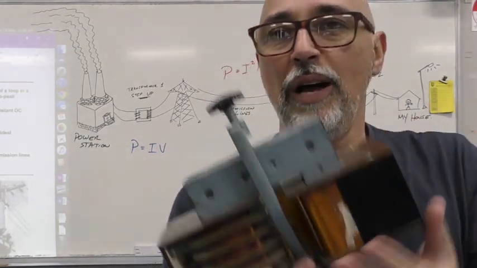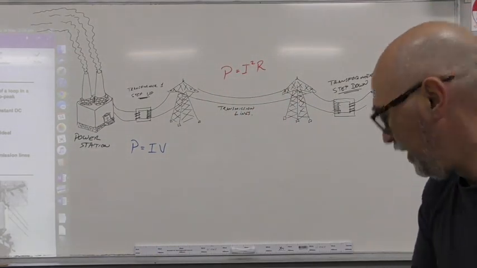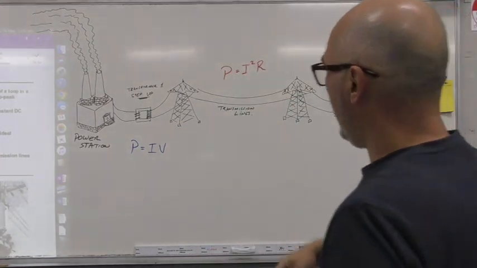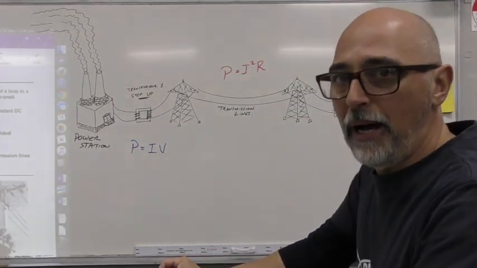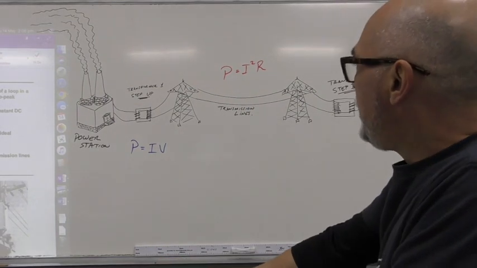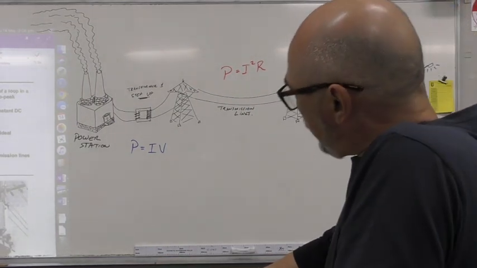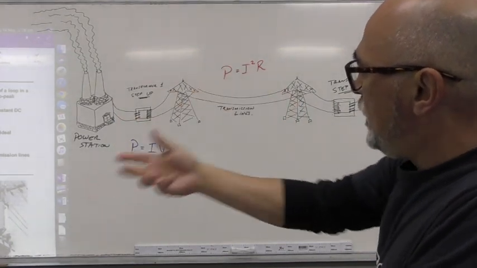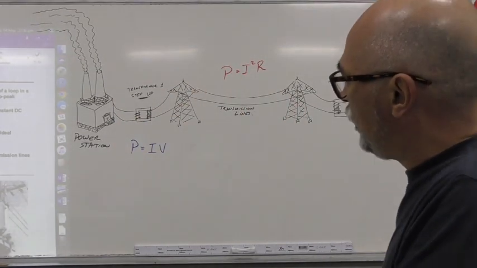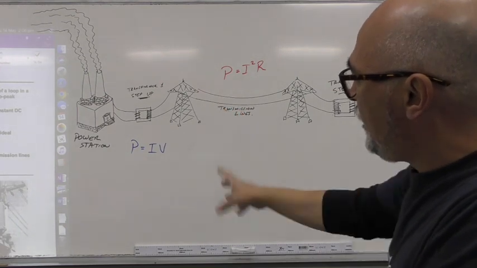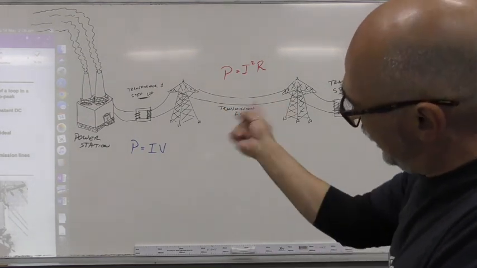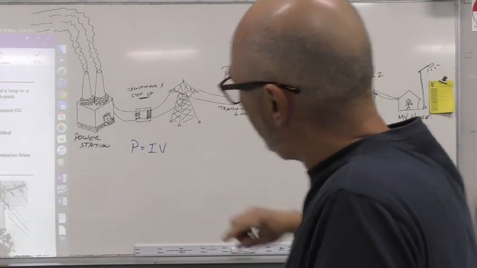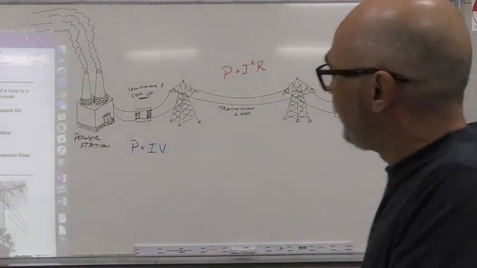In this orientation, as I've drawn on the board, transformer 1 is a step up transformer. It's a step up transformer because it takes its power from the station, over on the left side of the coil. You can see I've clearly drawn few turns on the left side, and on the right-hand side, there are many turns.